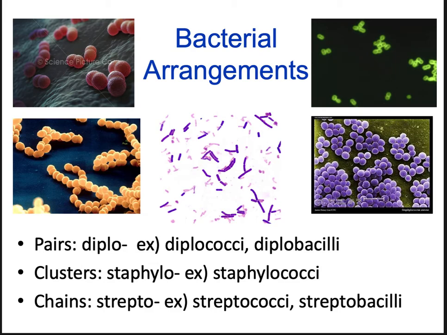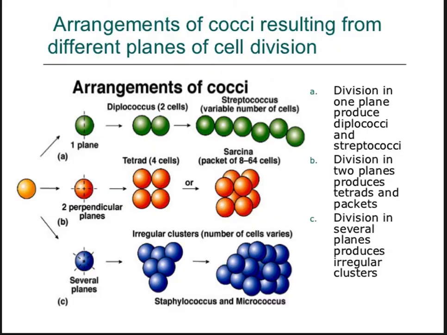overview of diseases. Okay, so arrangement, a little bit more about how bacteria make these different types of arrangements, and it has to do with how they divide during replication and division.